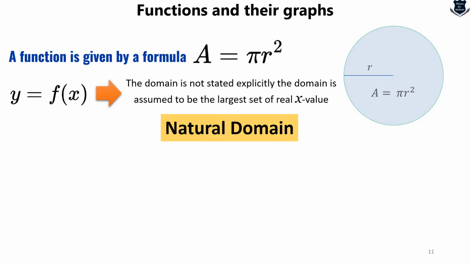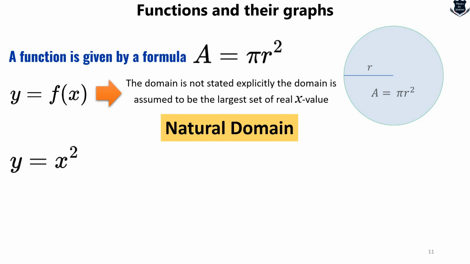I again repeat, these are very fundamentals. In that case, the domain is assumed to be the largest set of real x values for which the formula gives real y values. So we assume a real x value gives rise to a real y value, and it is called the natural domain. When it is not stated, that means the domain is quite large.